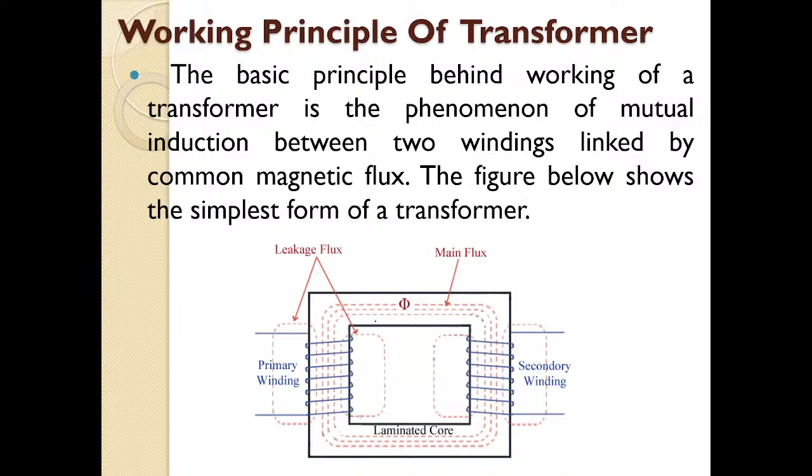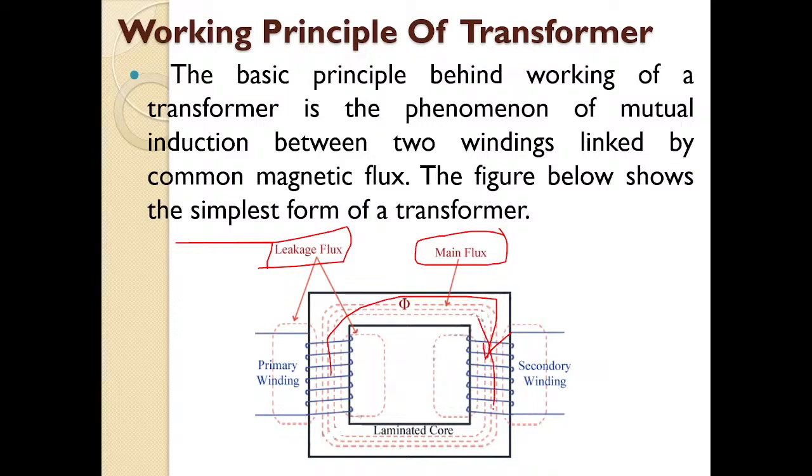Whatever amount of flux travels through the core is known as main flux. So while traveling from this limb to the other limb, some of the flux may leak into the air.